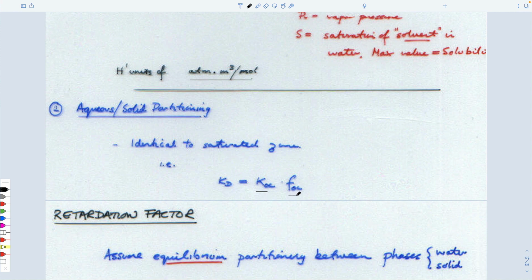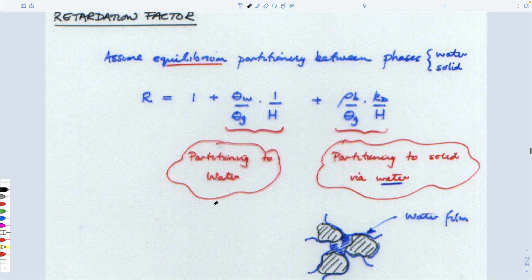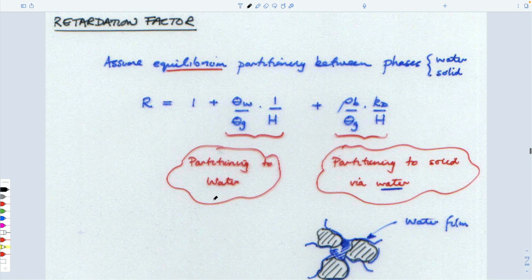And if it's only going through the carbon, then we multiply by the fraction of organic carbon. And if we don't have much carbon in our system, then we have to use some other approach, but we can presumably get some value of Kd that we spent a lot of time talking about last time in 4.2. So with those two things, then we can make a stab at defining the retardation coefficient.